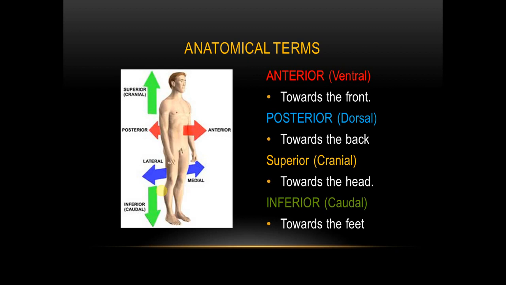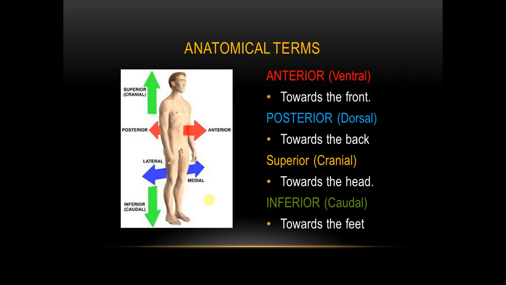So in any book you read, these terms will be used very frequently, because all the structures, whether it is an artery or nerve or bone or ligament, joint, muscle, all are described with the help of these terms. Okay, so we will see the terms one by one.